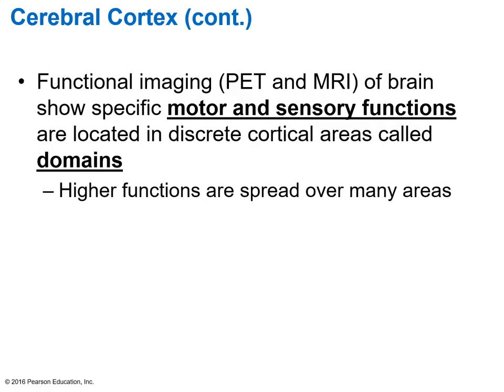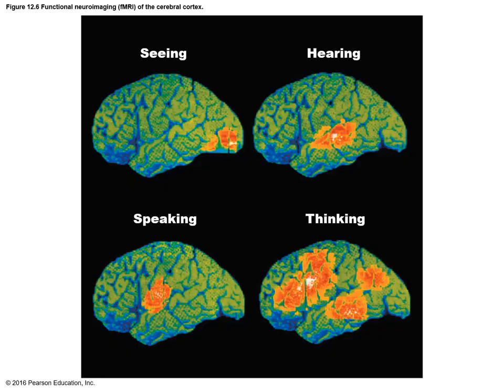We can determine from functional imaging of the brain, using like a PET scan or MRI, where different functions are located, and we call those domains. Higher functions are spread over many areas. We certainly have been able to figure out in general where the motor and sensory functions are.